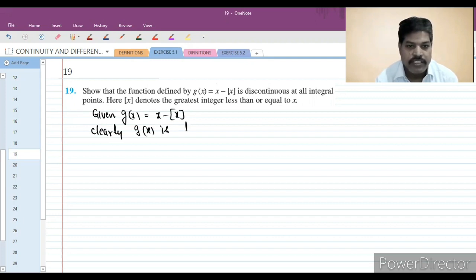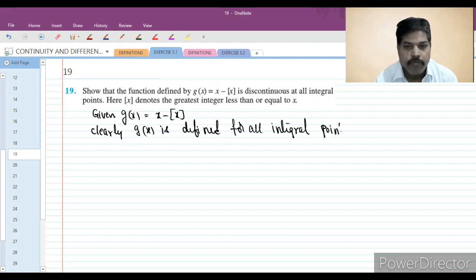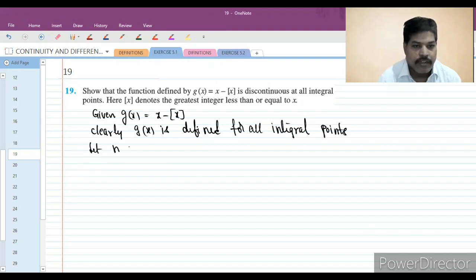Clearly, g of x is defined for all integral points. So that's why I will take that. Let n be any integer.